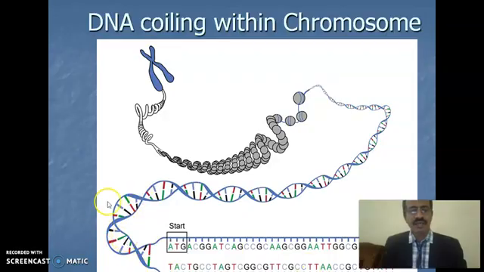They are helically coiled, and later they are coiled around the histone proteins to form the nucleosomes, and later these nucleosomes are also coiled to form a supercoiled structure, and finally chromomeres, and they are finally packed in the form of the chromosome.